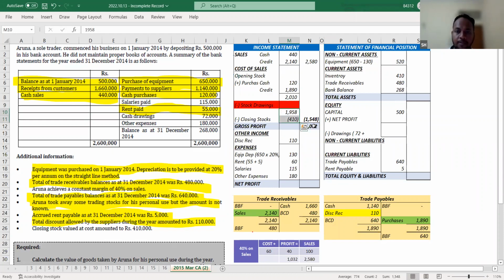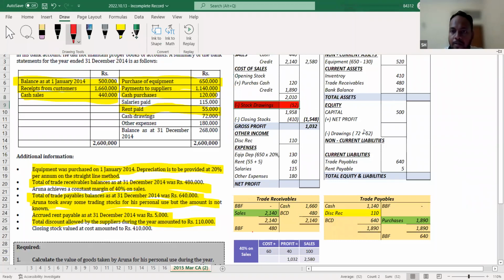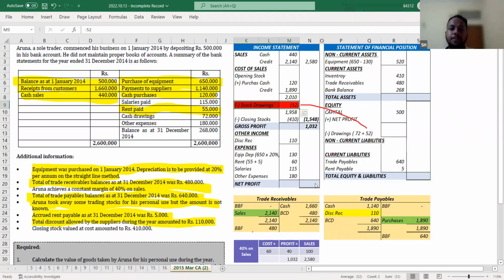Then the stock drawings will be 2,010 minus 1,958, 52. 52 goes here to the drawings. Stock drawings 52. That will be taken to the statement of financial position. That's all.